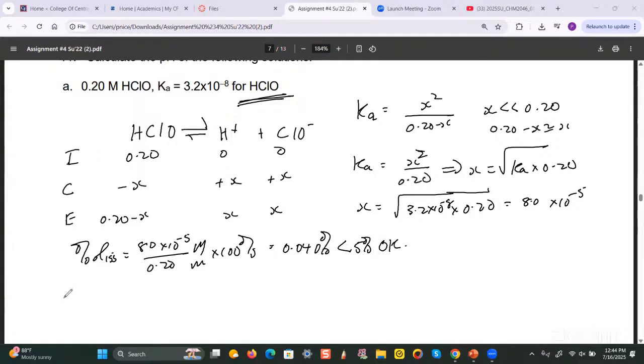So what's the next step? Concentration in pH equals negative log. So pH is equal to minus log of 8.0 times 10 to the minus 5. So find the log of that, and then put a minus sign. Okay, so the answer I got, and again, please correct me if I'm wrong, you have to round this off to two decimal places.